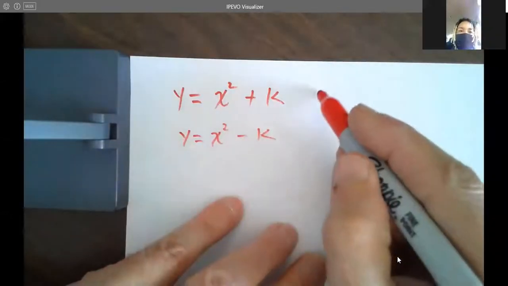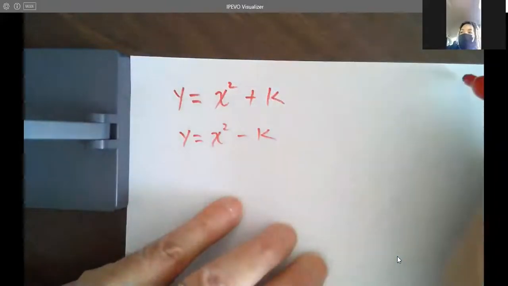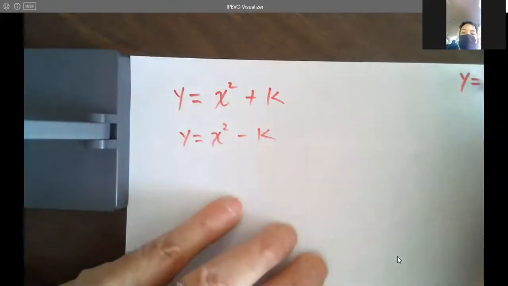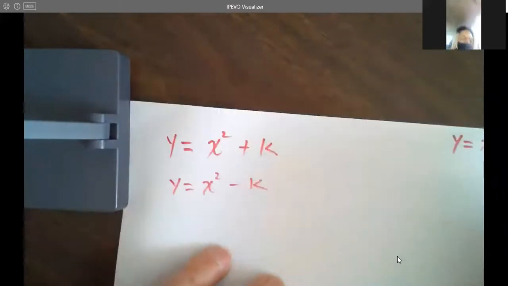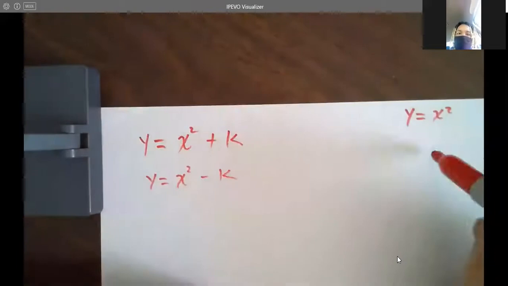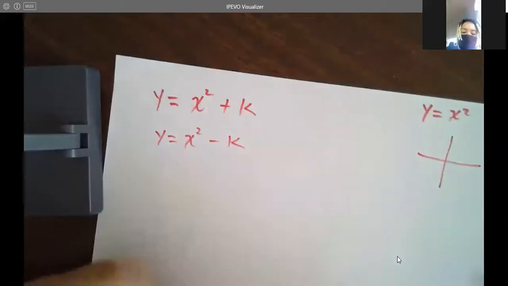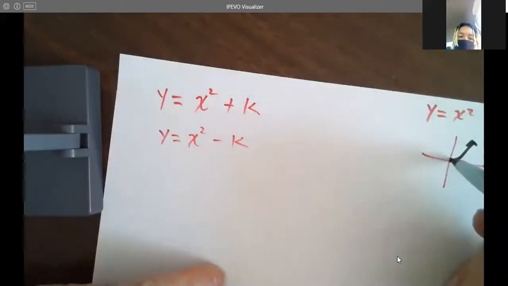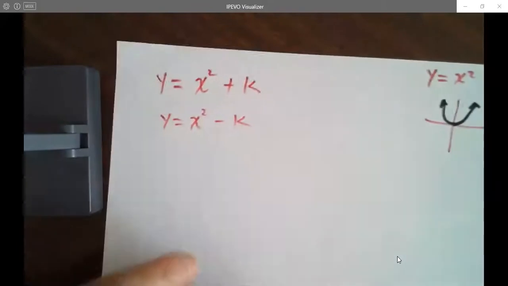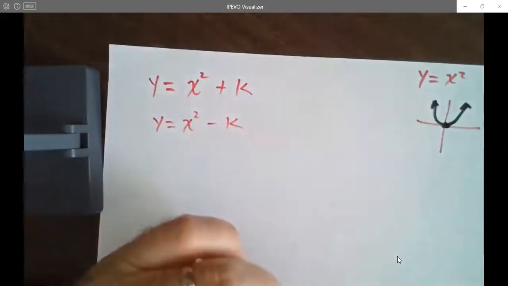This is going to make the graph, if you start with the parent graph of y equals x squared, and that's a parabola. So it looks like this.